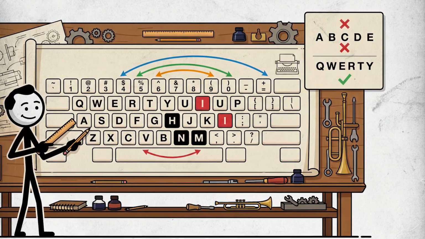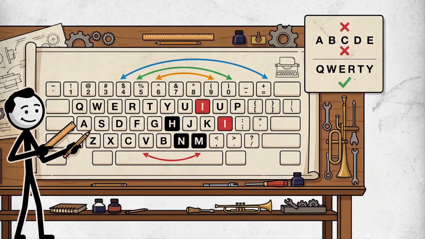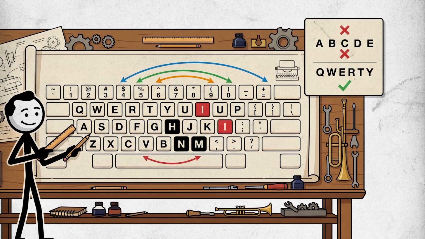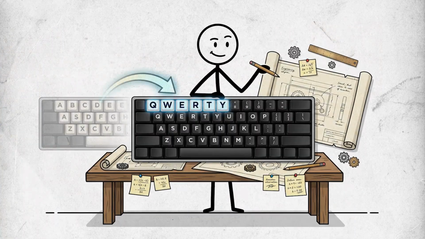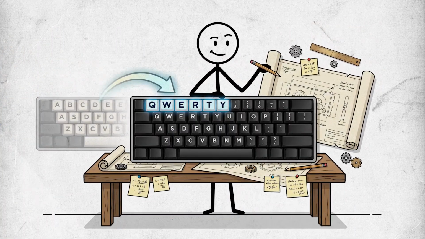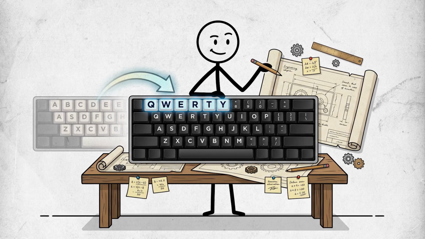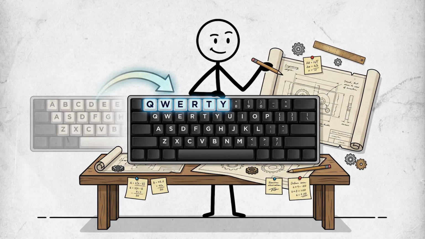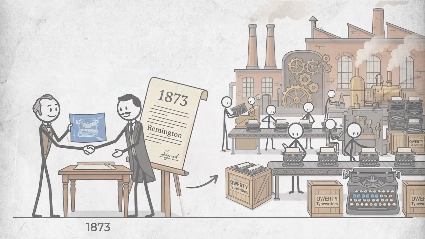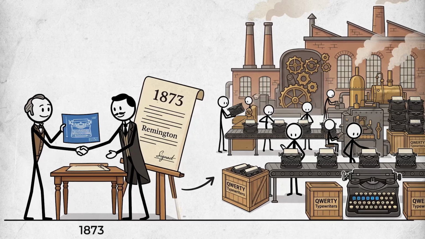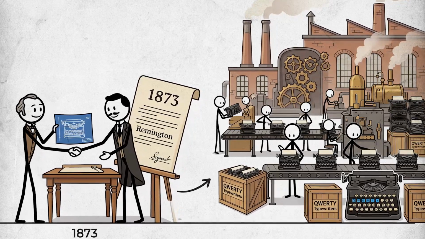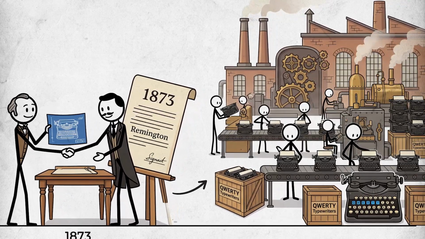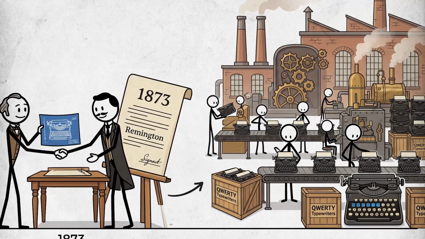Once he identified which letters were typed together most often, he placed them as far apart from each other on the keyboard as possible. This redesign resulted in the top row, starting with the letters Q, W, E, R, T, Y. In 1873, he sold this design to a famous manufacturing company called Remington, which began mass-producing QWERTY typewriters.